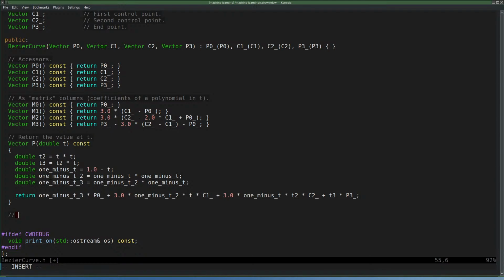Okay, what can we do next? What about the direction vector? Or just the velocity, maybe? Yeah, why not? I mean, maybe I don't need it, but might as well add it. So it's just the first derivative.